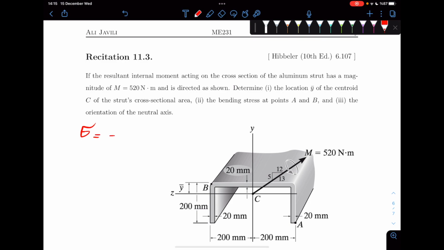We had a formula Mz times y divided by Iz plus My times z divided by Iy. Okay, so that was the first formula you need to remember. And when you want to use points A and B, you need to be careful where you choose these coordinates.